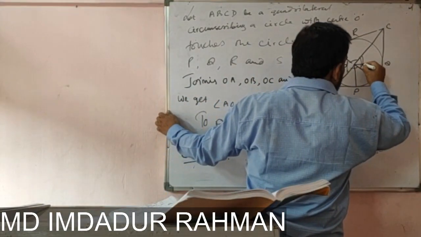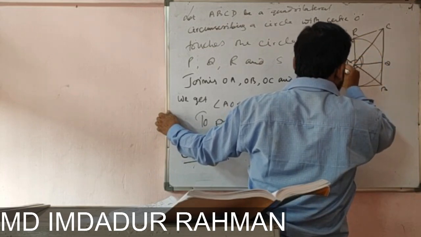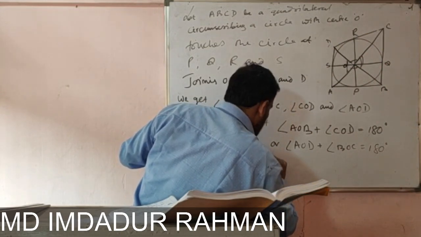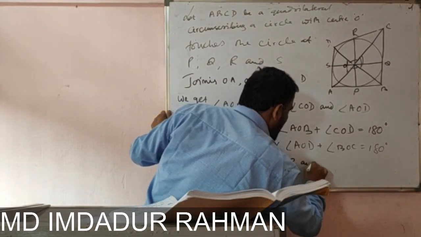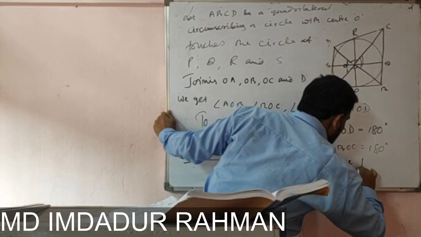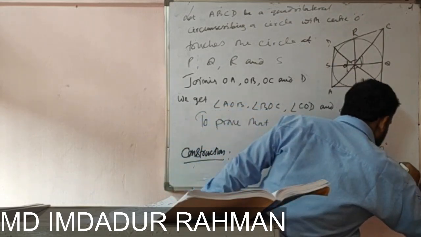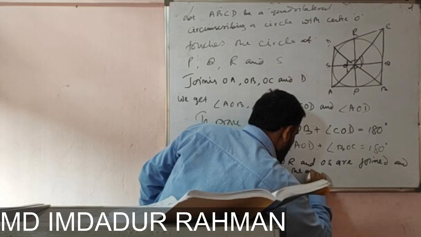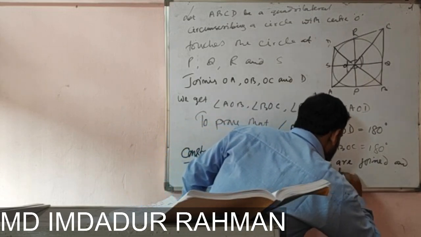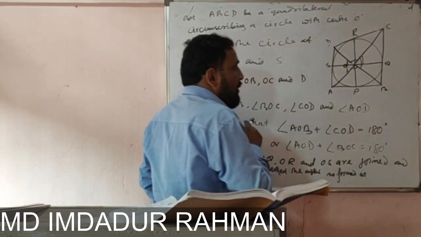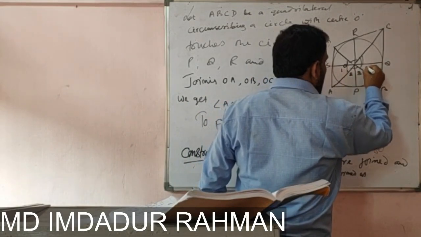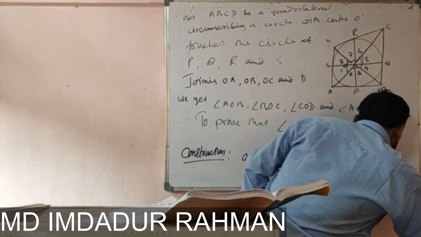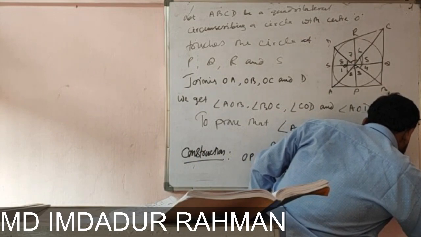OP, OQ, OR and OS are joined and the angles so formed are marked as 1, 2, 3, 4, 5, 6, 7 and 8.